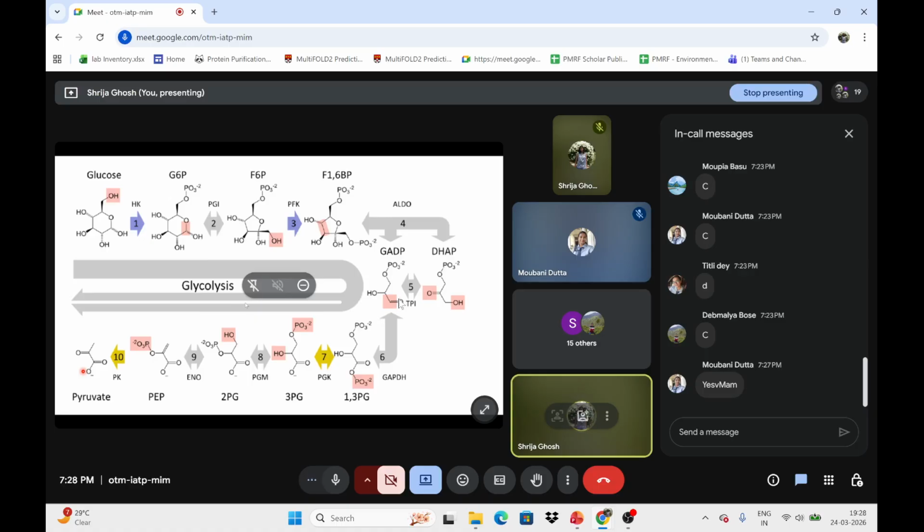There's no doubt in that. If you still have any questions regarding this pathway, I can explain. We have more questions related to glycolysis, so we'll be discussing more things, more reactions here in detail. If anybody has any question, please let me know.